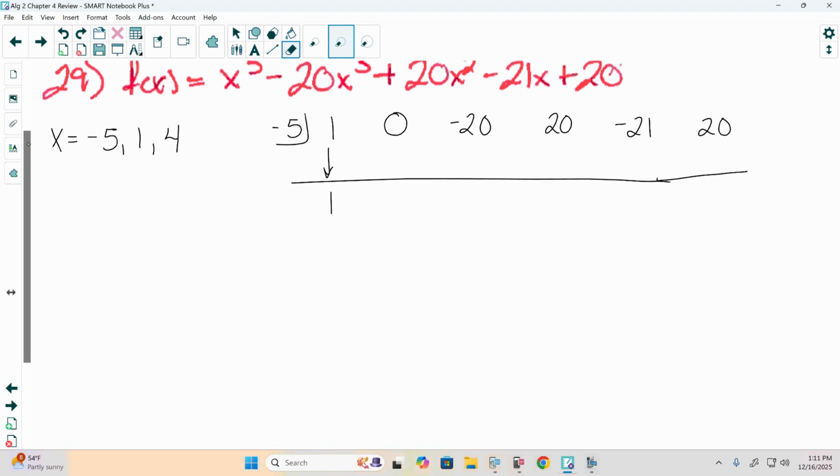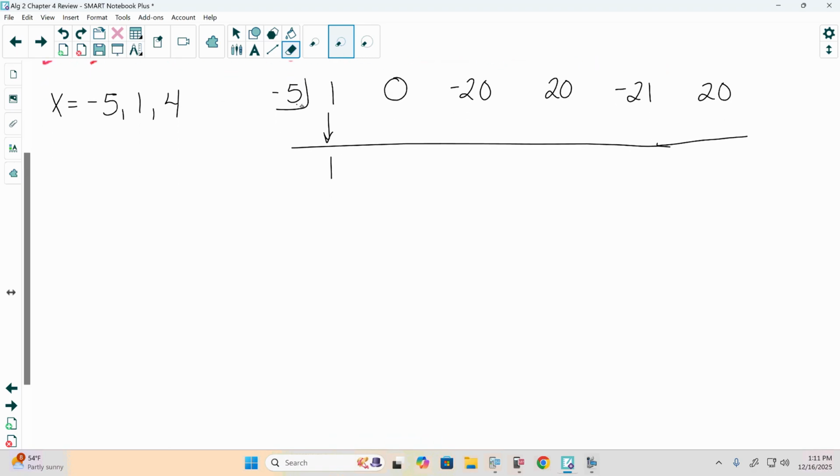Now at this point here, we'll do our synthetic division. So we do negative 5 times our 1, which would be negative 5. At this point, we would add the 2 together. 0 plus negative 5 is negative 5. Now, negative 5 times our negative 5 is going to be positive 25.